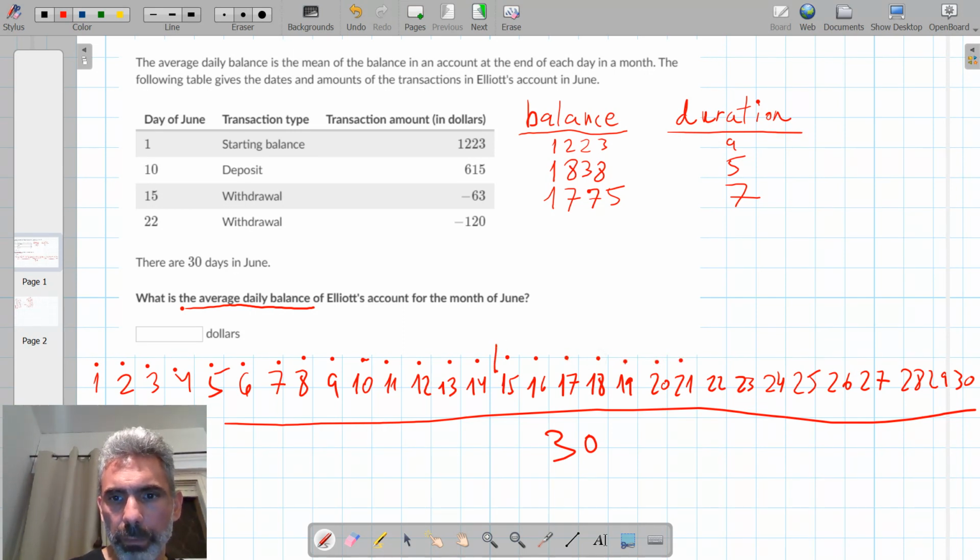So from 15 to 21, there are 7 days where the balance has stayed the same. So at the end of each of these 7 days, the balance was 1,775. And then on June 22nd, the balance has changed once more.